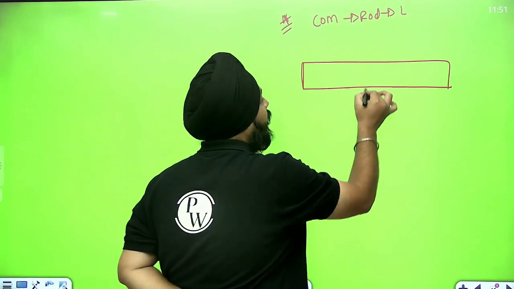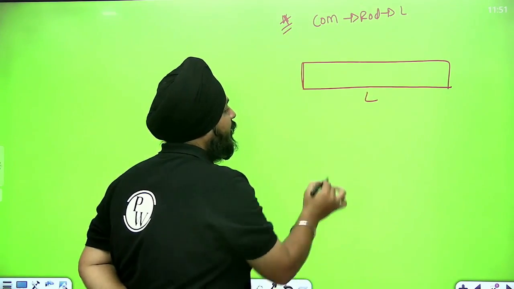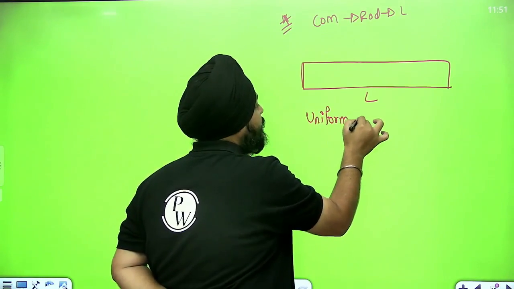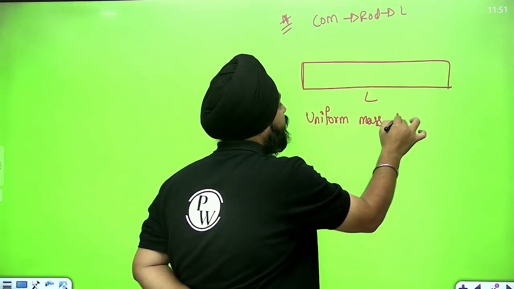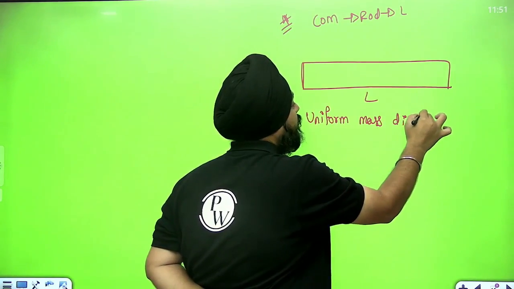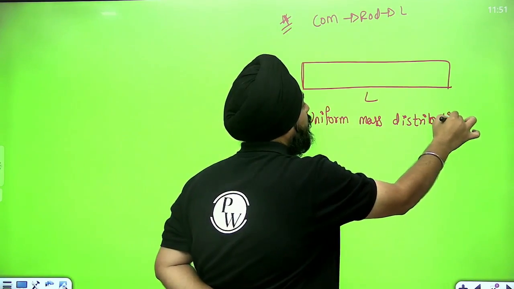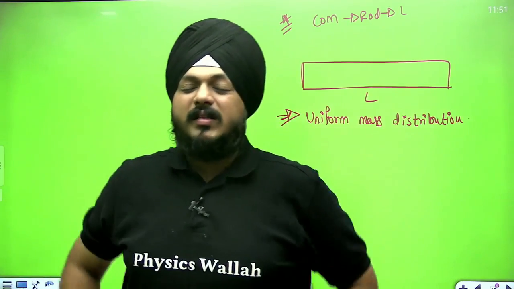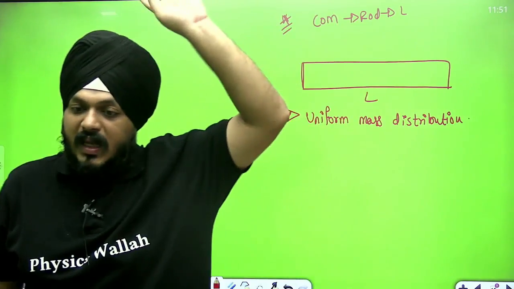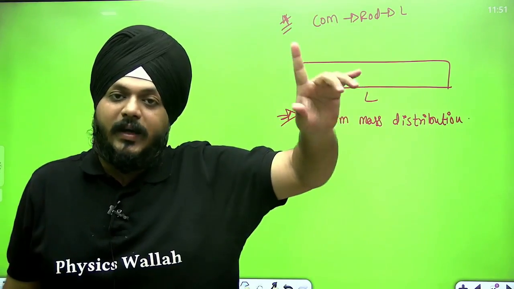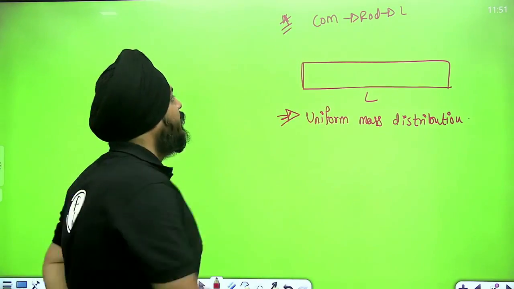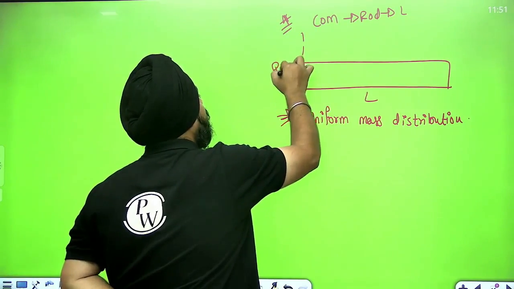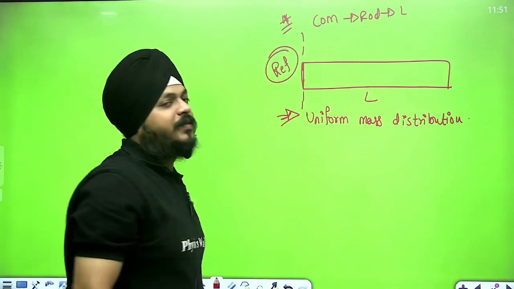Suppose this is a rod of length L having uniform mass distribution. First case. For this kind of case, first thing, center of mass is always calculated with respect to a reference point. This is the reference point.